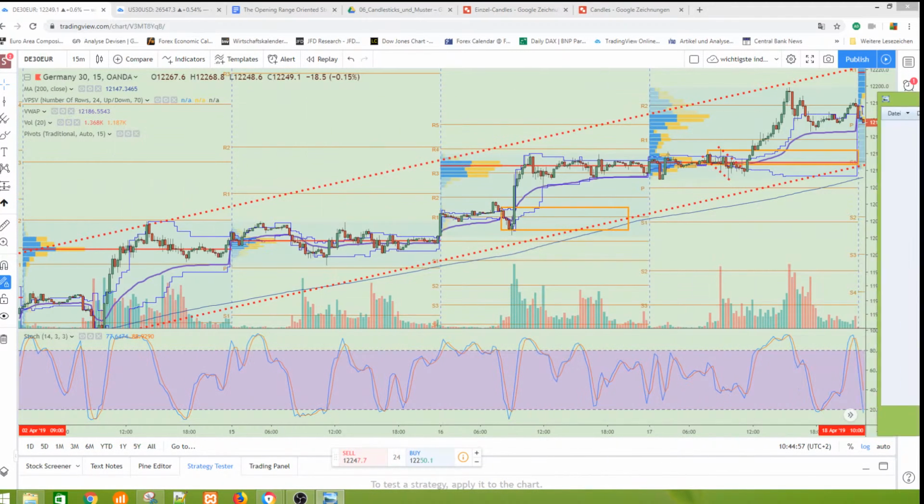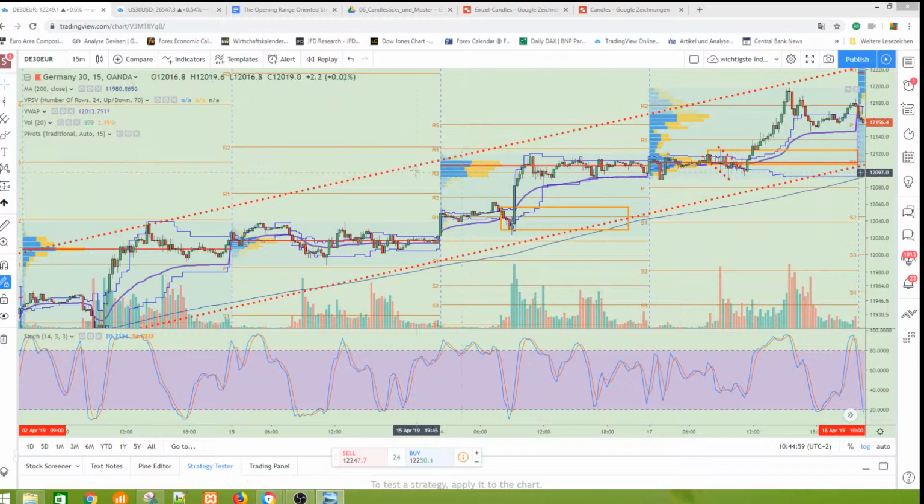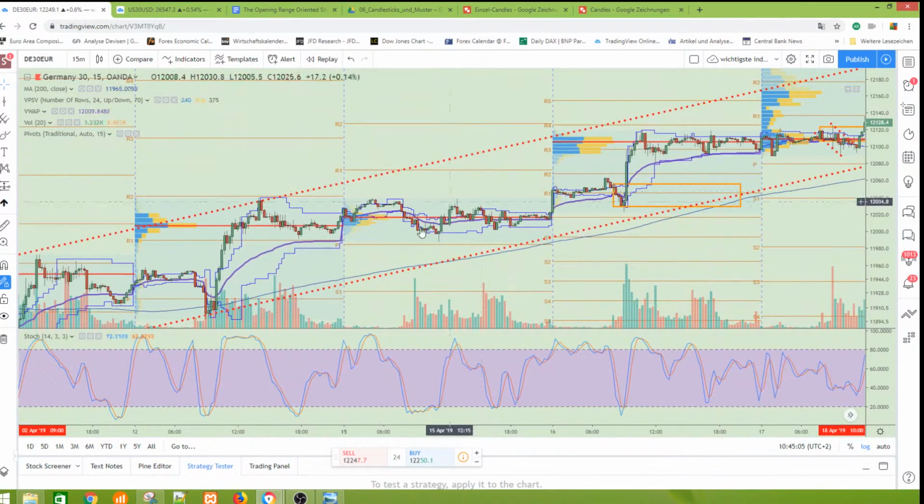And we look for these candles here. We see this pattern very often. Here we have the big hammer. It's a bit late at 11:15, not at 10 o'clock. It need not be 10 o'clock.